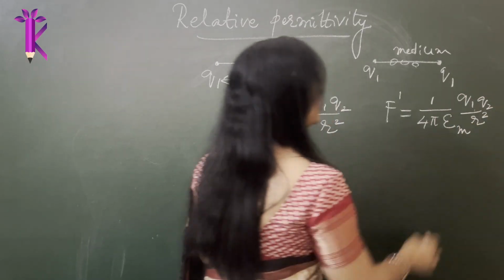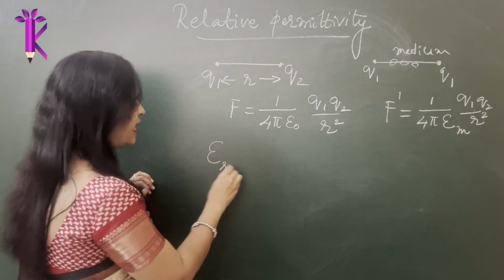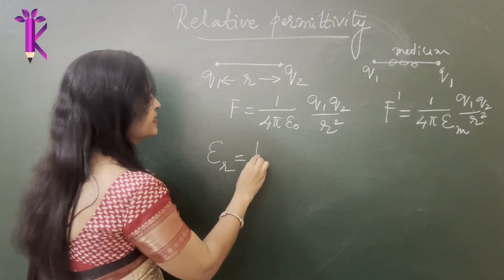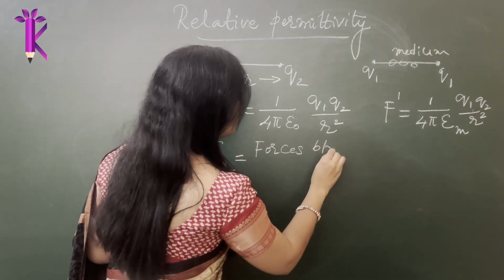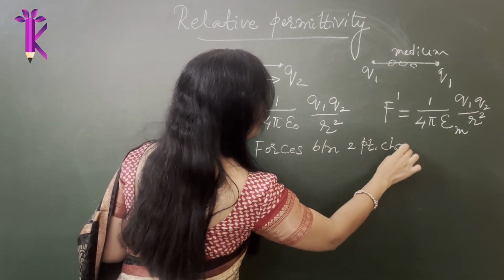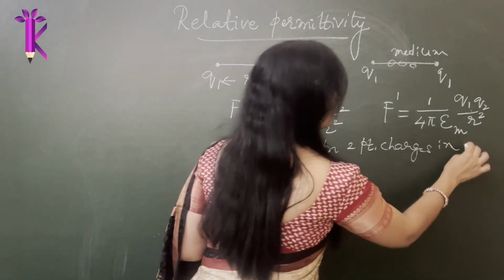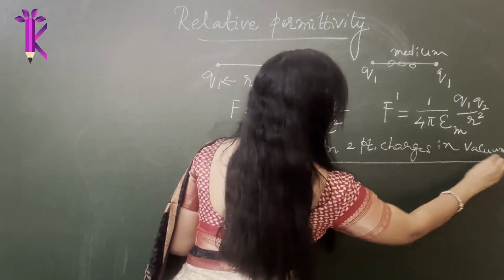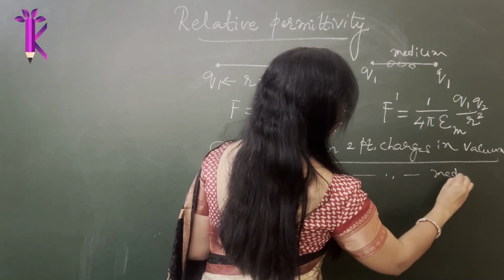So how do you define this relative permittivity? Relative permittivity is denoted as epsilon r, where r refers to relative. It is the ratio of the force between any two point charges placed in vacuum to the force between the same two point charges placed in a medium, right?